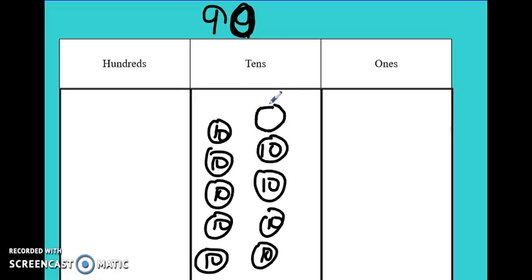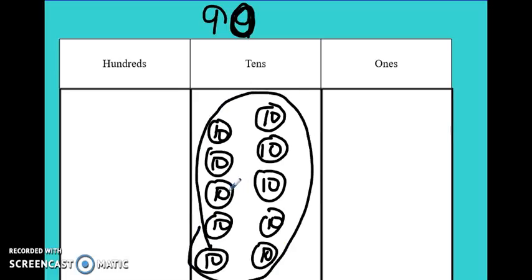So, if I add a 10 to 90, what comes next? Well, if we look at my tens, I now have 10 tens. So, I can group my 10 tens and I can make a 100. So, 10 more than 90 is 100.